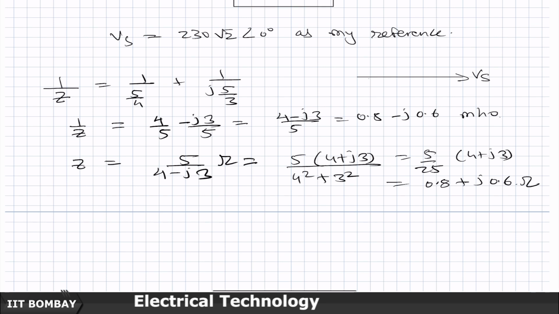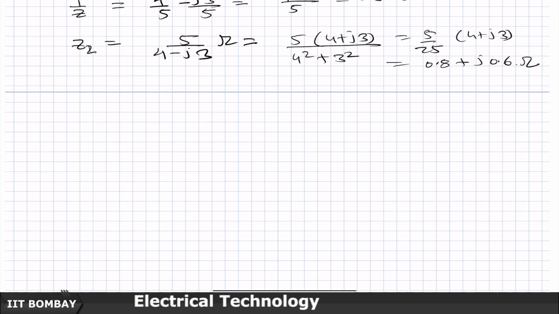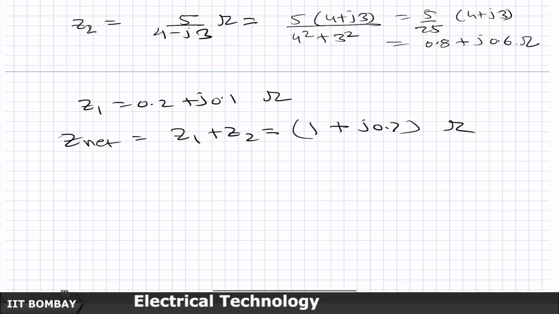So, this becomes the Z of our parallel block, let us call this Z2. Whatever is here, let us call it Z1. So, Z1 is 0.2 plus j 0.1 ohms again, and so Z net, which is equal to Z1 plus Z2, is going to be equal to 1 plus j 0.7 ohms.